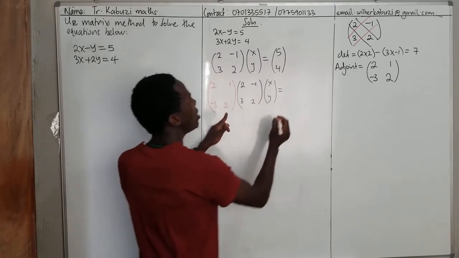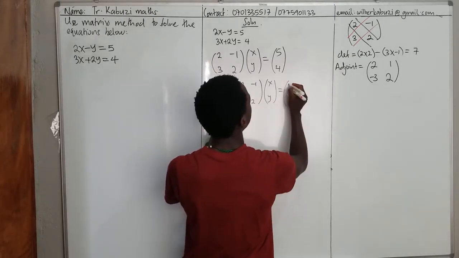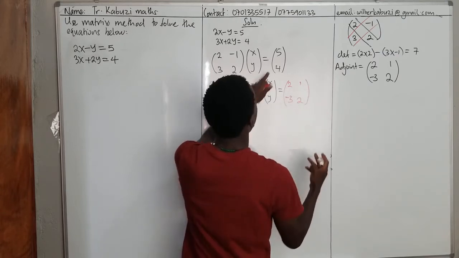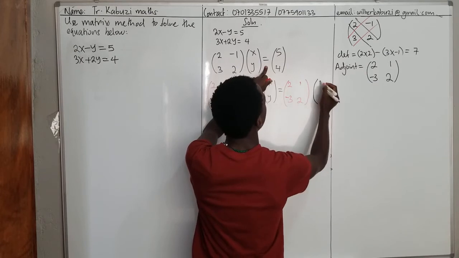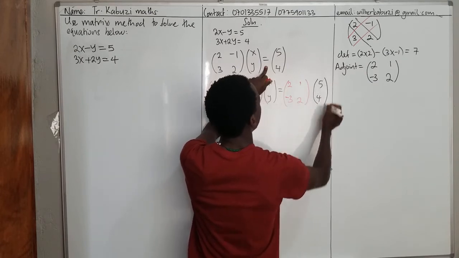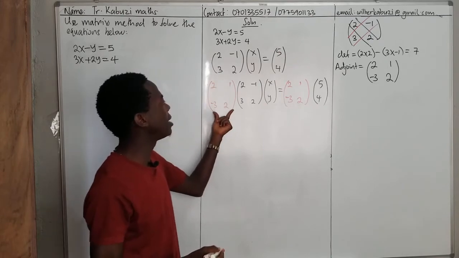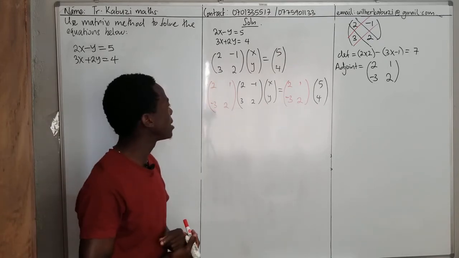I multiply the adjoint first, which is 2, 1, -3, 2, and I put this here, which is 5, 4. What we are doing is we get the adjoint and multiply it on this side and also this side.